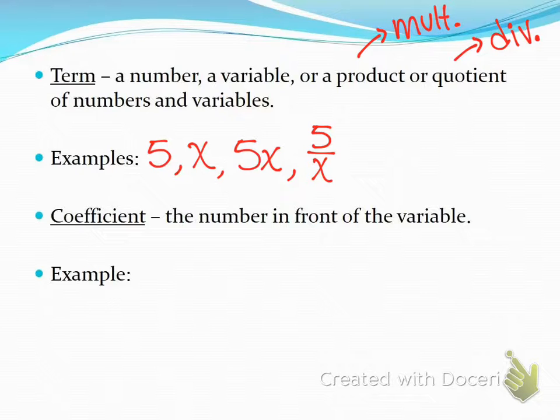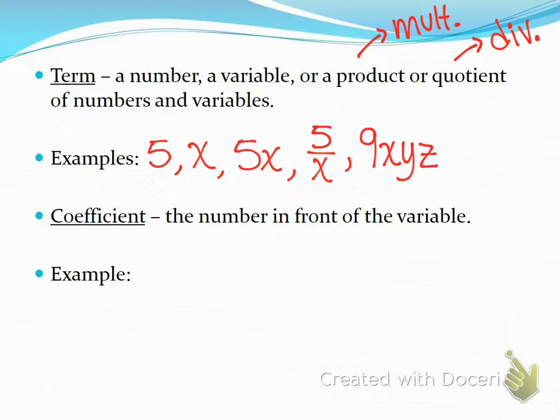We can involve multiple numbers and variables at the same time. So like on our homework the other day, we saw something that looked like 9xyz. That whole thing is considered one term because we're just multiplying with all of it.